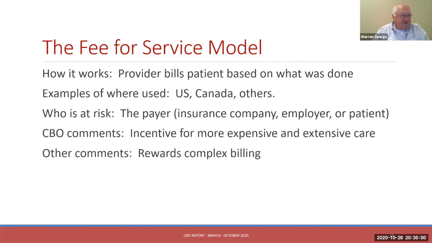Other criticisms about the fee-for-service model is that it rewards complex billing, which can have high administrative costs. The more complex that you can make the bill, the more money you can get. There are now whole college degrees on how to choose between literally tens of thousands of possible codes to get the most money out of every patient encounter.